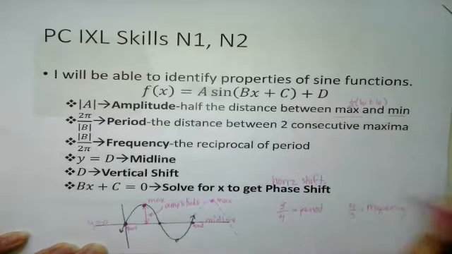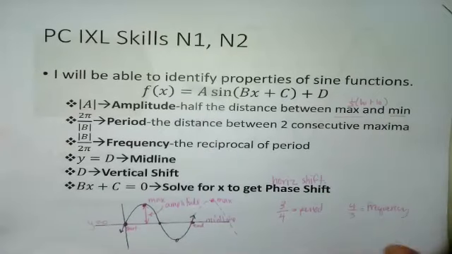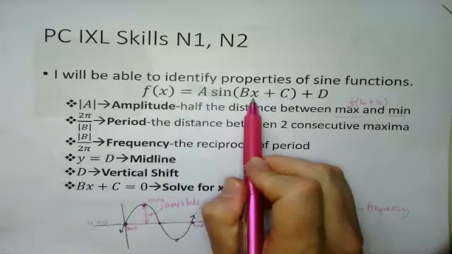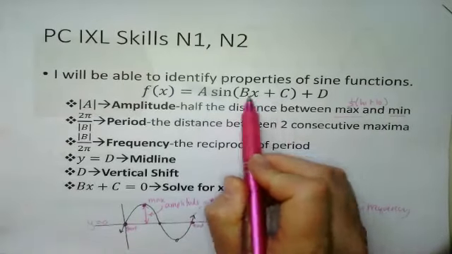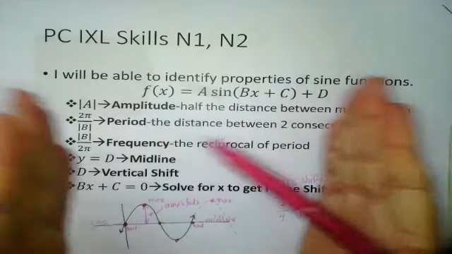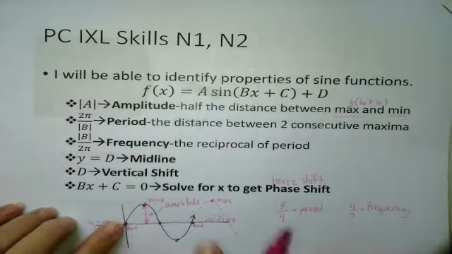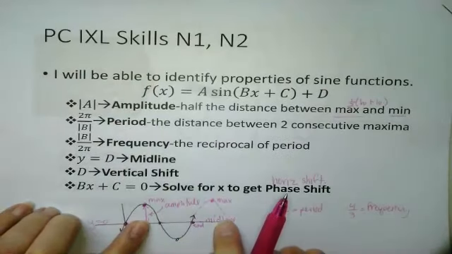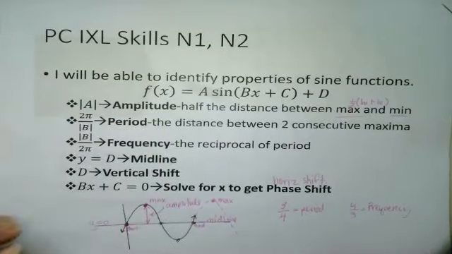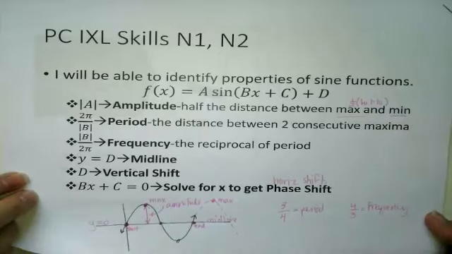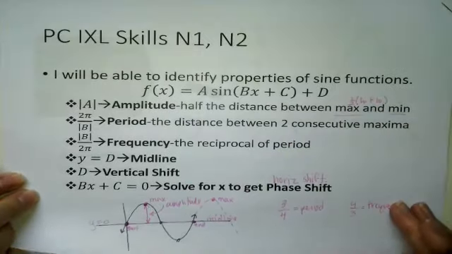And if you remember when we were talking about translating functions, all these values inside with x are shifting the function left and right in the x direction. And so they say phase shift. It's another way for just how much is this curve shifted over to the right a couple spaces or maybe negative a couple spaces. So all of these are good things to know and have written down.